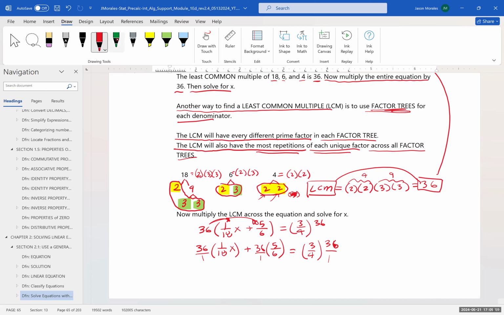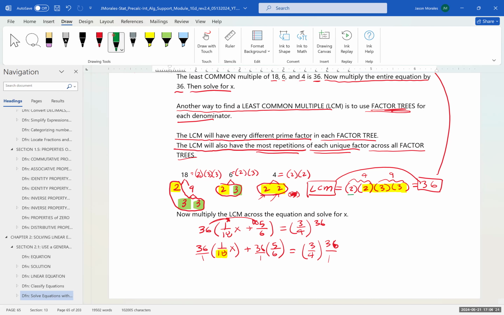But when we cross out common factors, look at this denominator of 18. When we look at our least common multiple, we have 18 in it. So we have 2 times 3 times 3. That's 18. So what do we have left?